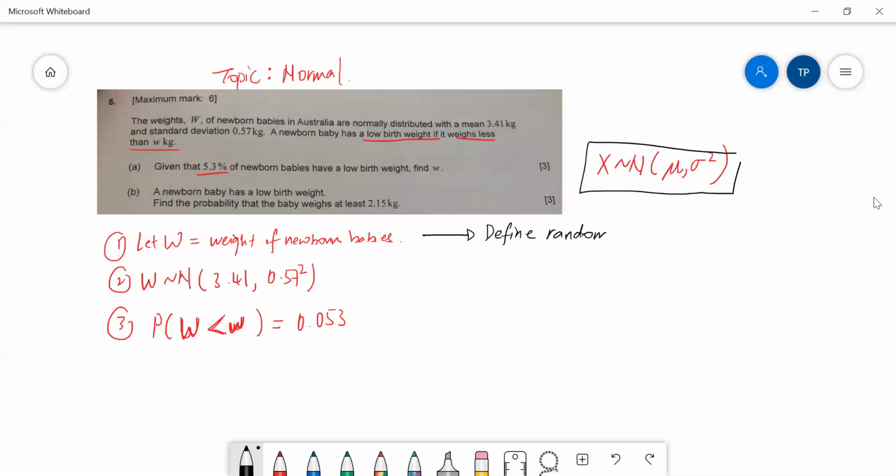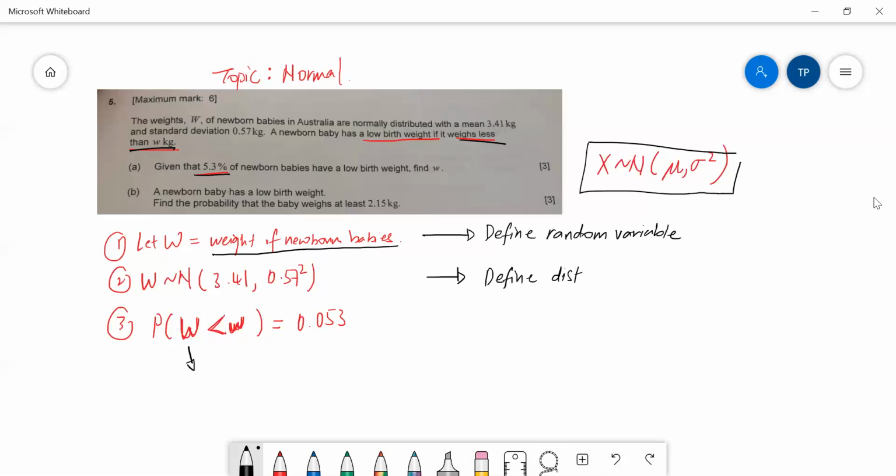How is it 5.3%? So 0.053 is equal to P(W less than small w). Big W here represents the weight of the newborn babies. The probability that the weight of the newborn babies is less than w is 5.3%.